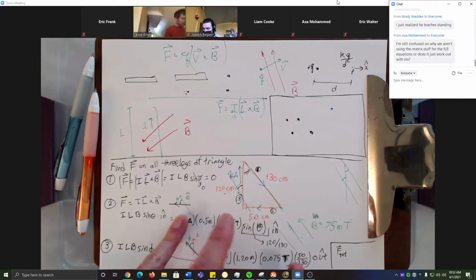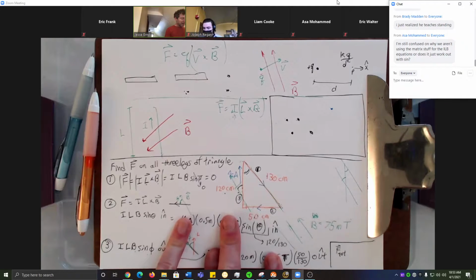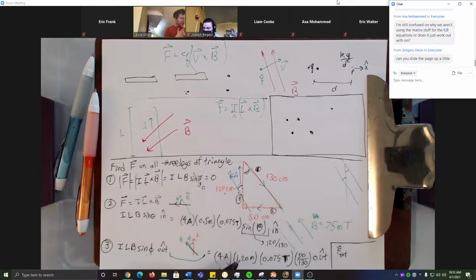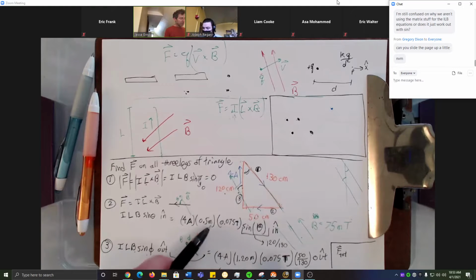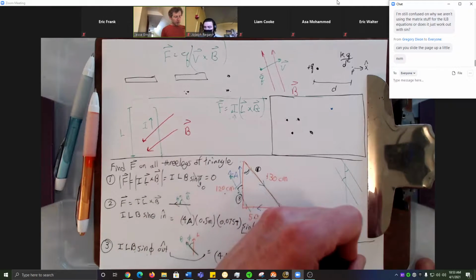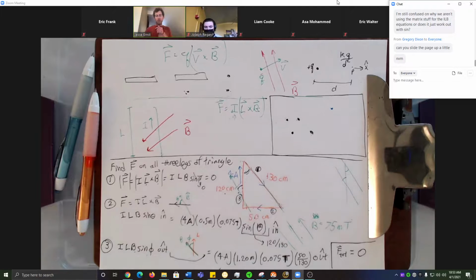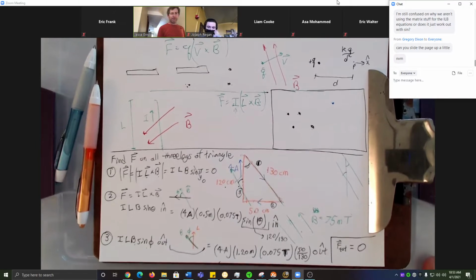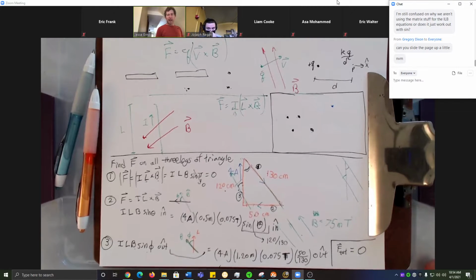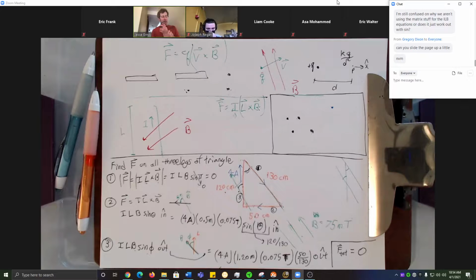These two terms and those two terms are the same. In this one, you have 0.5 times 120 over 30, and in this one, you have 1.2 over 50 times 50 over 130. So the product is exactly the same thing. One is inward, one is outward, and so the force total is 0. So the total force on this triangle is 0.